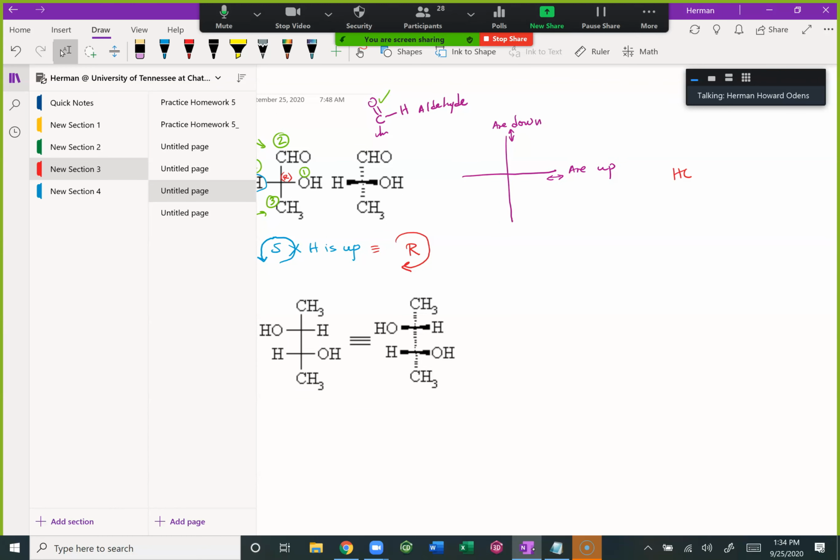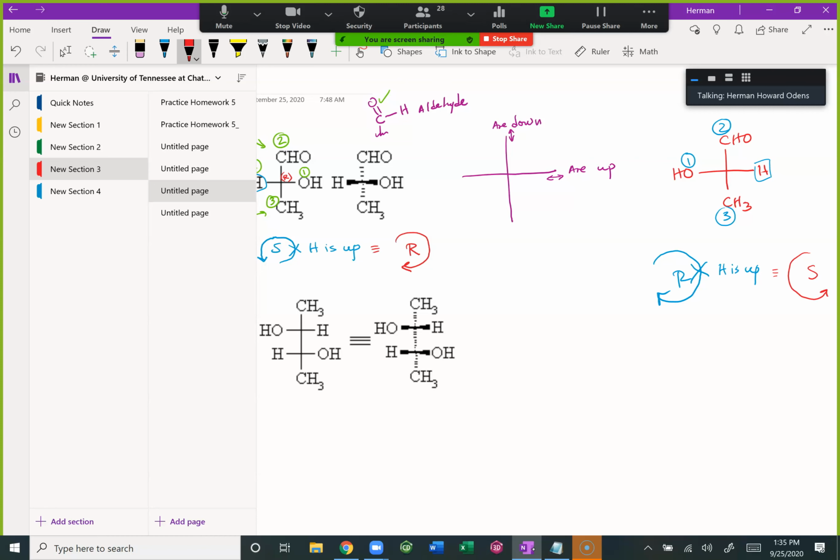So you're saying that if we flip this to this, it will be the opposite. All right. So here you have 1, 2, and 3. Right now it's starting to look like R, but it's not because this H is up. Therefore, you have an S configuration. So it's the opposite.